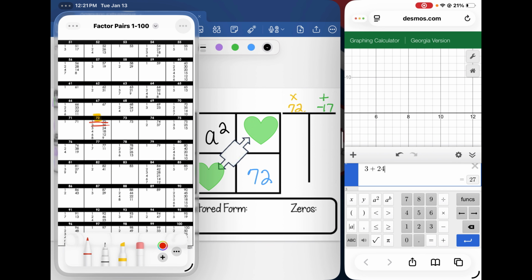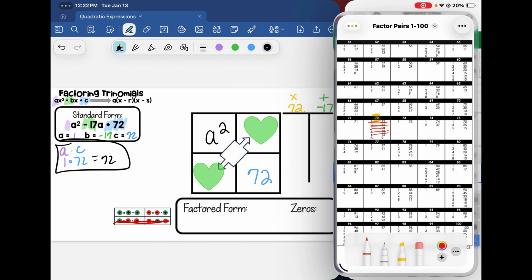That ain't 17. So what about 4 plus 18? Well, that's 22, so that ain't going to work, because a negative 4 plus a negative 18 is also negative 22. So what about 6 plus 8? That ain't going to work because that adds up to 14. Well, what about 8 plus 9? Oh, we got our numbers, because 8 plus 9 is 17.